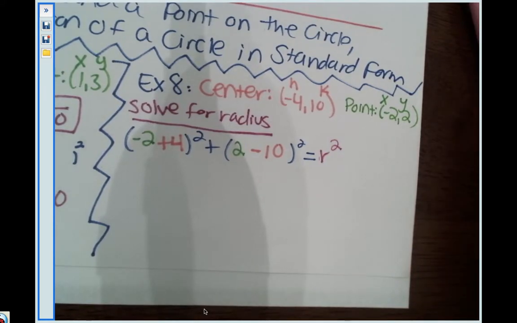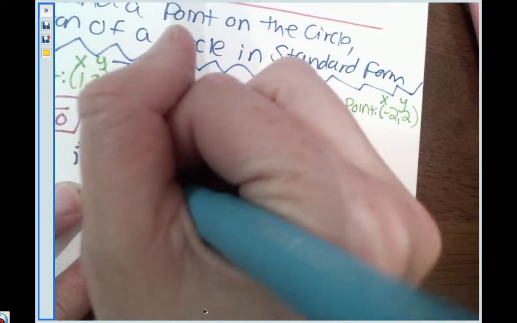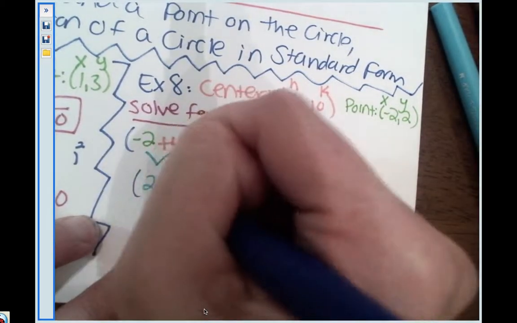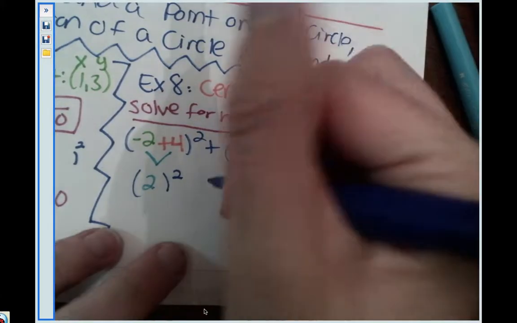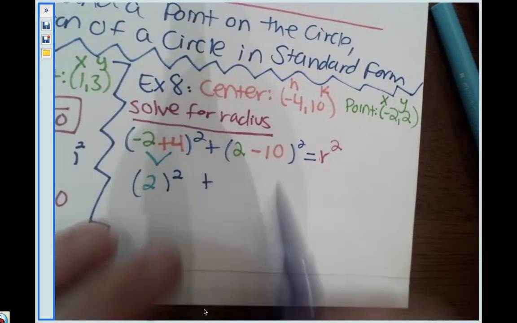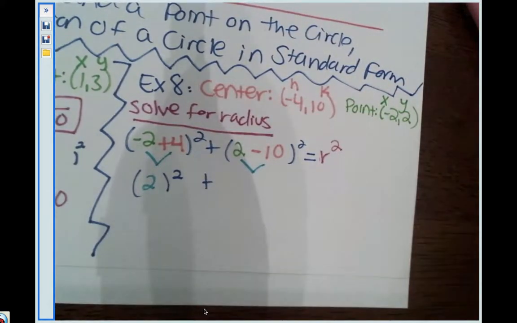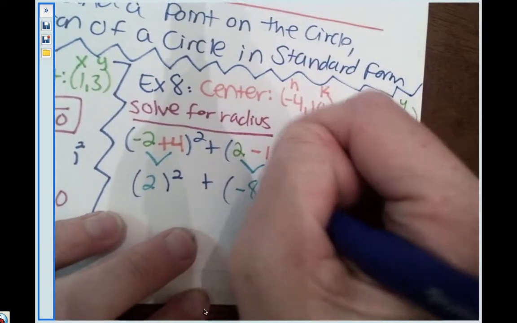Okay, so -2 plus 4 will give me a 2. So we have 2 quantity squared plus 2 minus 10 will give me a -8, and that will be squared.